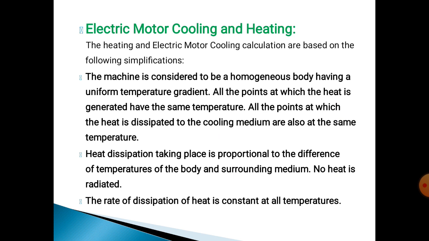Next important topic is electric motor cooling and heating. Before that, we will discuss power losses and heating of an electrical motor. Every electrical motor has the following losses. There are three types of major losses in electrical motors, that means power losses.